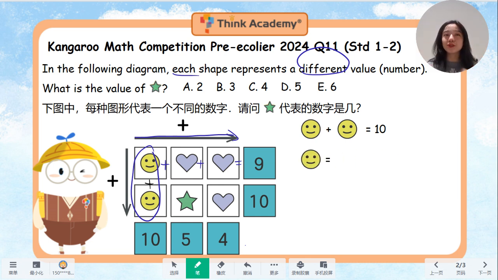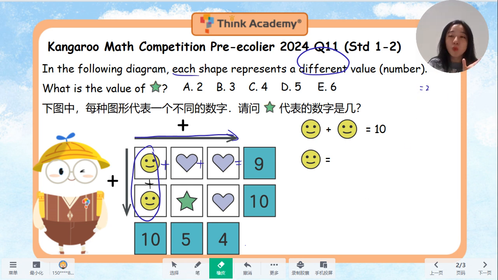If you are a standard 2 student, you may have already learned division. We just need to divide 10 into 2 equal parts to find 1 smiley face. But if you are in standard 1, you haven't learned division, that's okay. You just need to do the trial and error method. Which number added to itself equals 10?